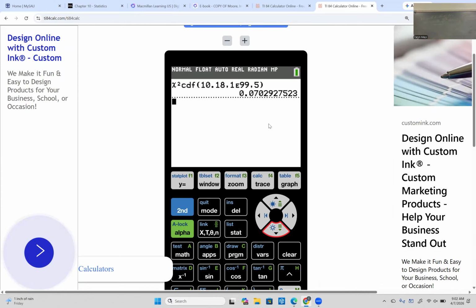You need that chi-squared after you've done observed minus expected squared over expected, after you've calculated all of those and added them up. That's what got plugged in. But there's a way to get the actual p-value with a calculator.